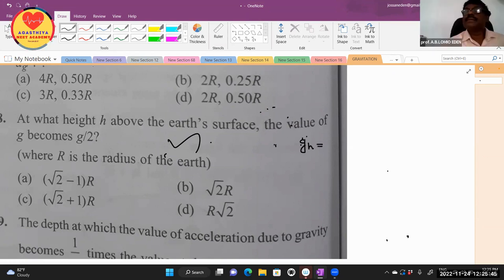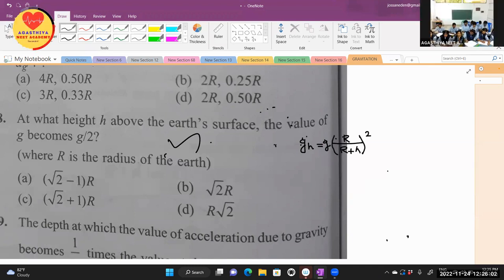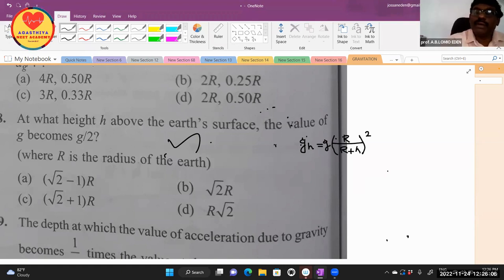The acceleration due to gravity at any height. What is the governing formula? Tell me the answer. Gravitational acceleration at any height, g_h, is equal to, in terms of g, R divided by capital R plus h, whole square.